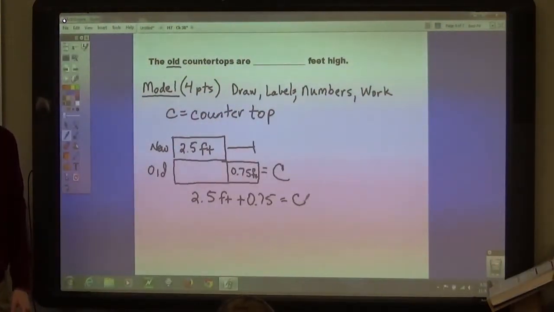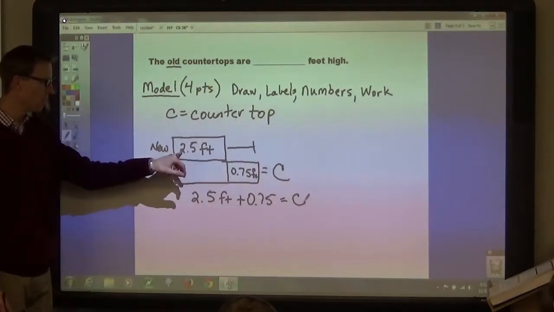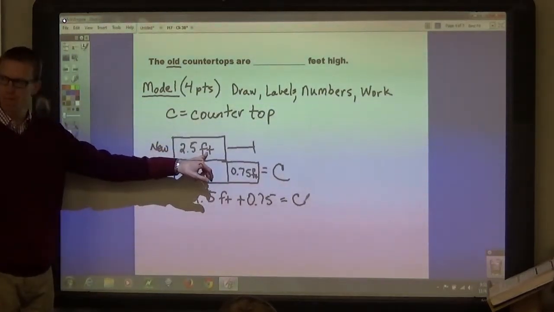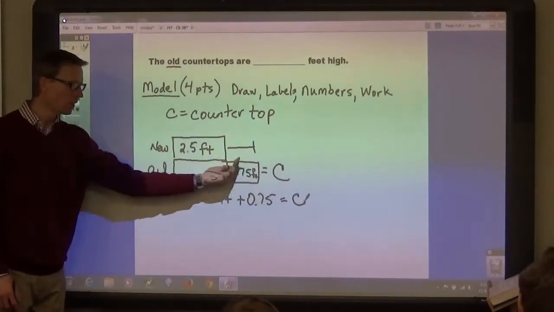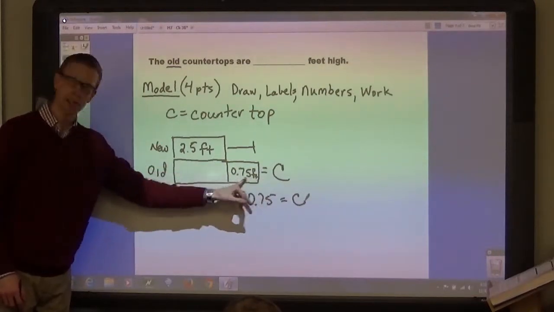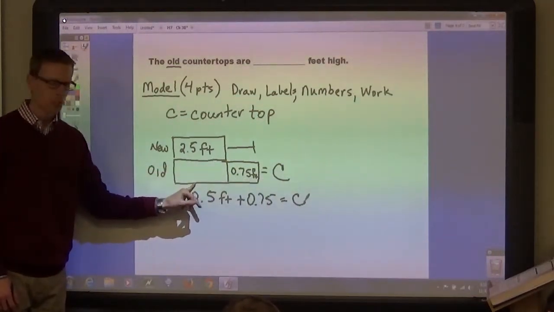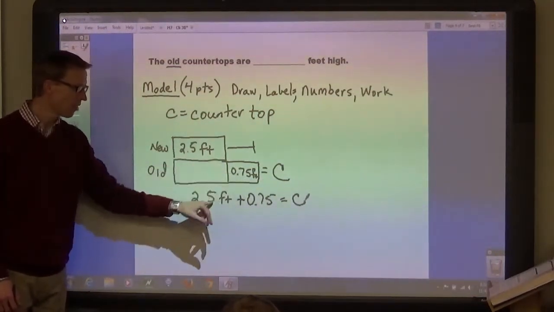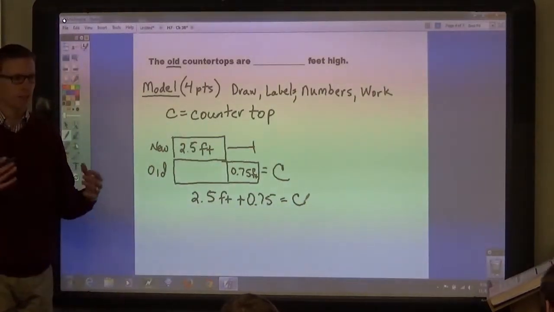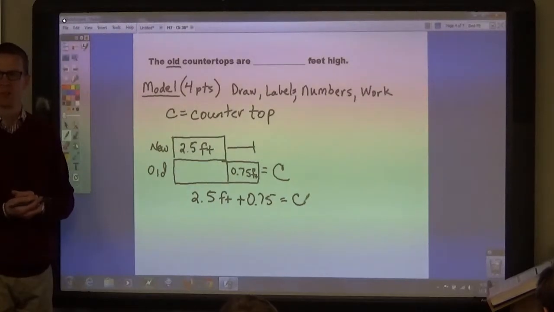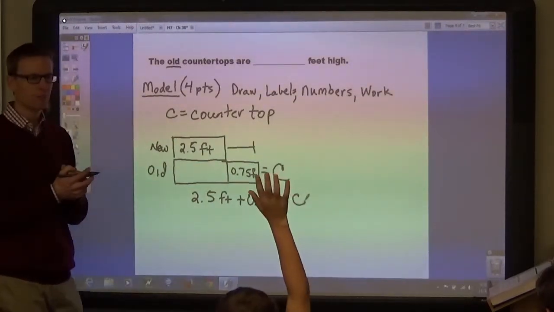Does that make sense? The new one we know is 2.5 feet. And that was 0.75 feet lower or less than the old one. So these two parts together equal the height of the old one. Then put the numbers together. Put the parts together. What is it?